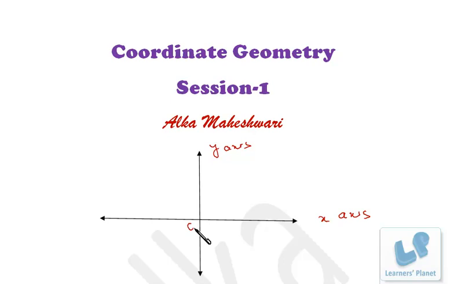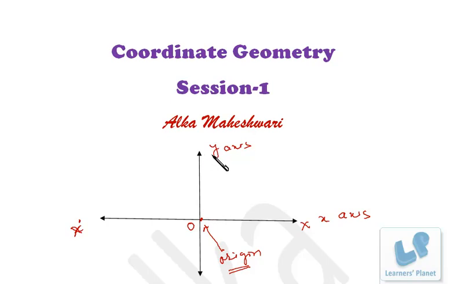Now this is O, that is the origin, right? Now the right-hand side horizontal portion is actually the positive x-axis. We can say all the values of x will be positive this side, and this is the negative x-axis. I represent it as x dash. Suppose it is x, then it will be x dash.